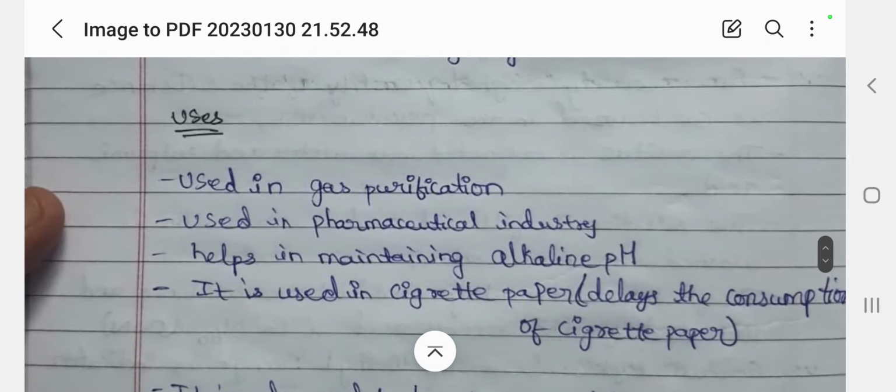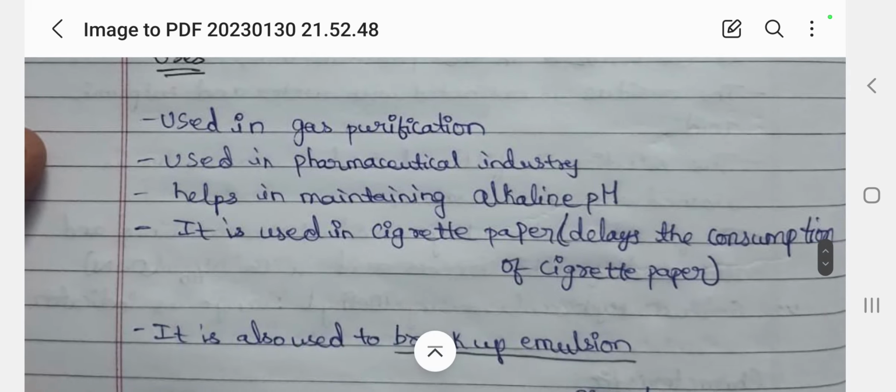Next we'll see what the uses are. It is used in gas purification, in the pharmaceutical industry, and helps in maintaining alkaline pH.